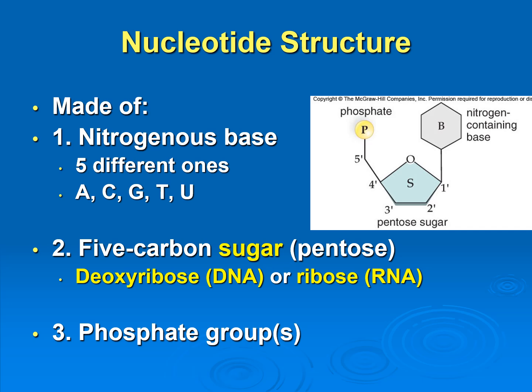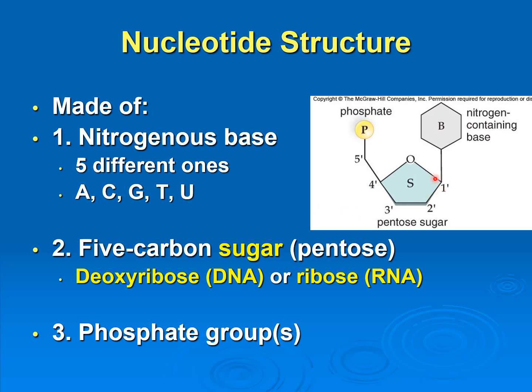Okay, let's take a look at the nucleotide, the monomer, that we're going to join together to make our nucleic acid. Our nucleotide is made up of three parts. We've got a nitrogenous base, and there are 5 different ones: the A's, C's, G's, T's, and U's that we'll be talking about more later.